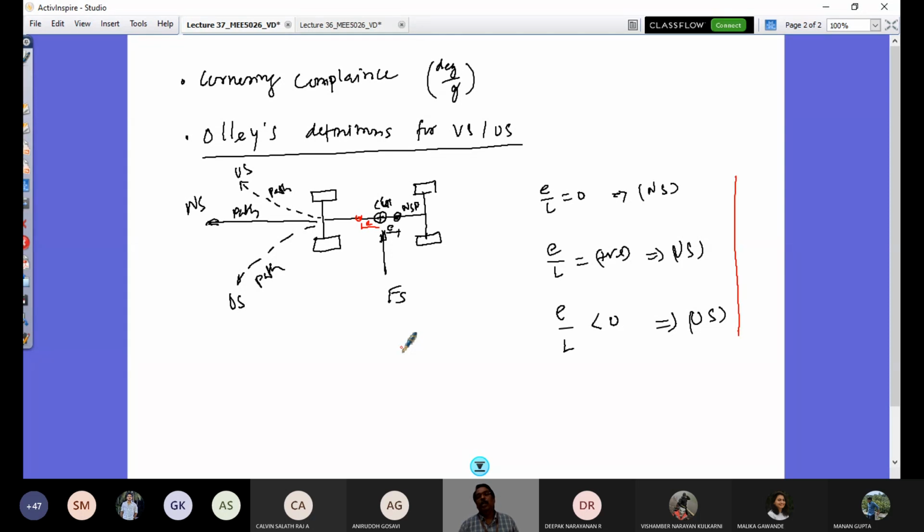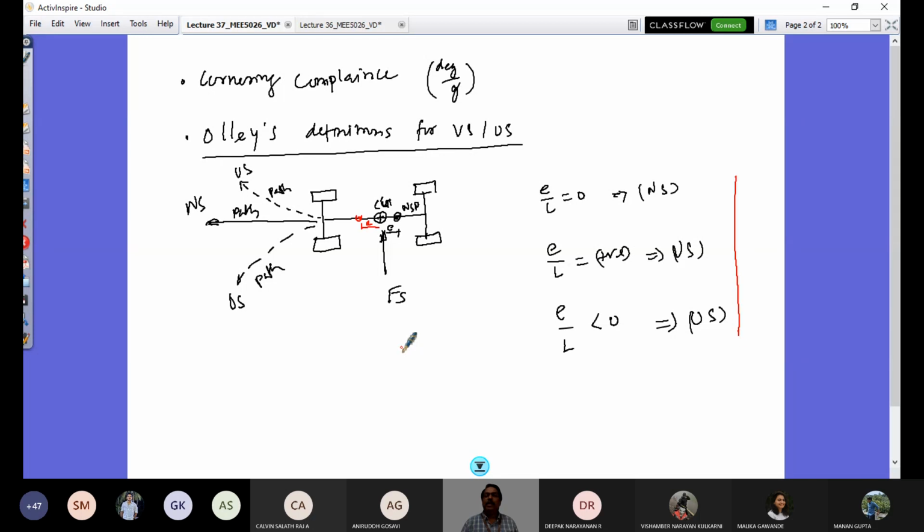So if this roll moment distribution happens to be more in the front axle compared to that of the rear axle, the vehicle tendency would be understeer tendency. If the roll moment distribution is more in the rear compared to that of the front, then the vehicle tendency would be oversteer tendency.